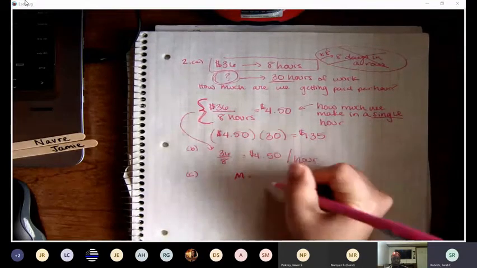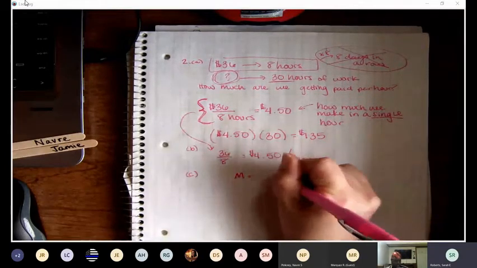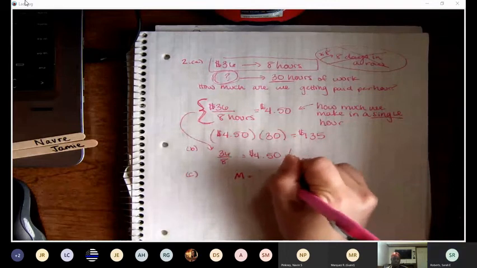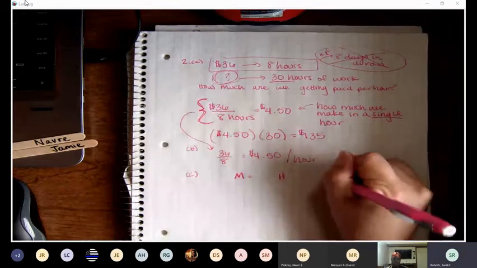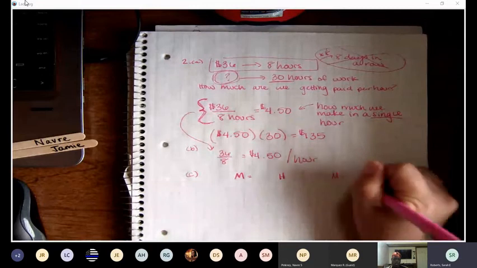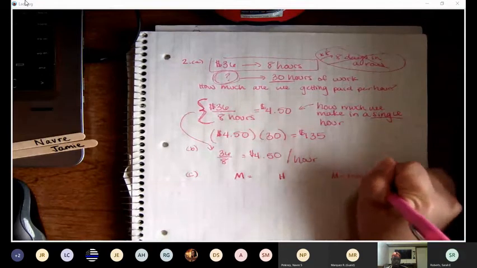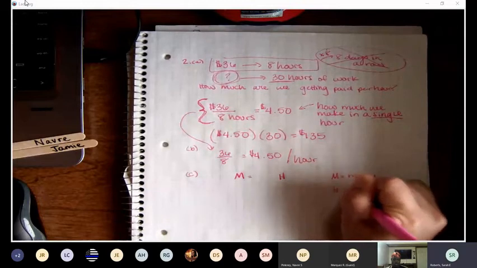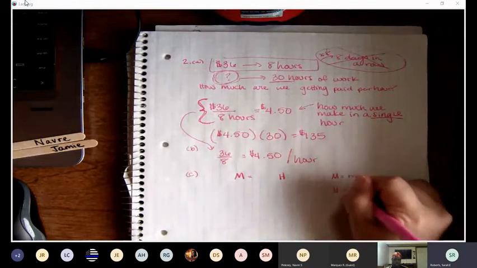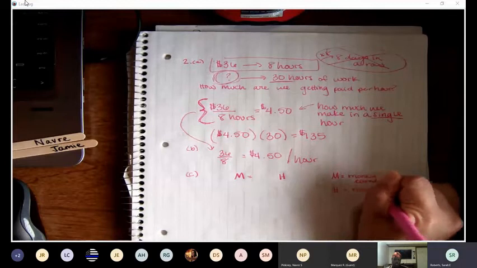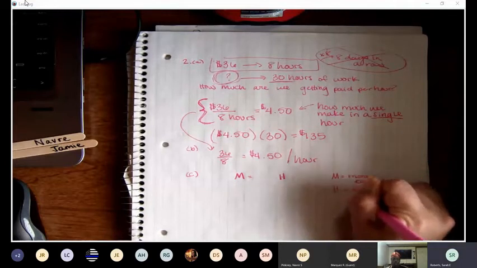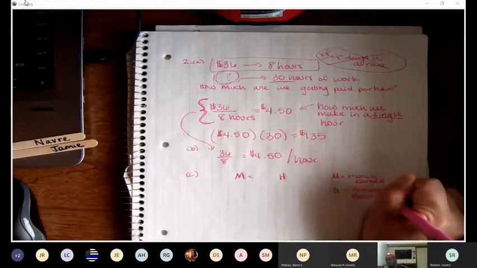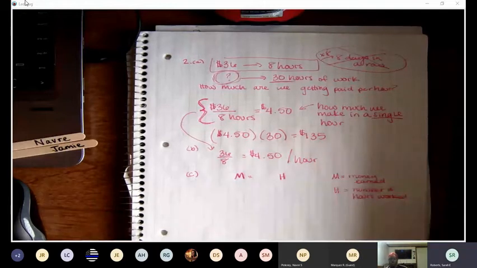So we need to have some sort of constant in here and then the number of hours. Okay, so M is going to be equal to our money earned, and H is going to be our number of hours worked. Does anybody have any ideas about how this equation should be set up?